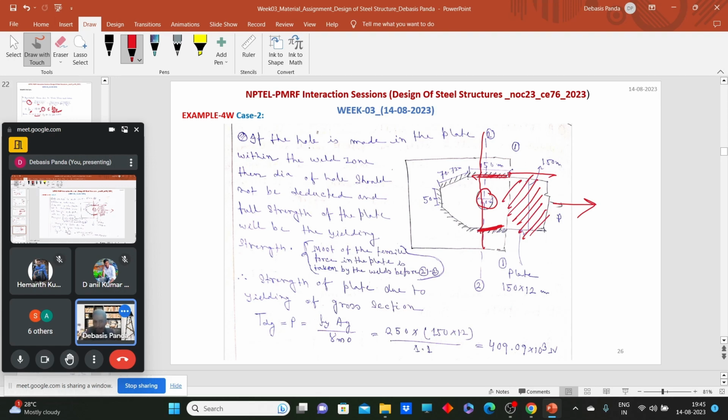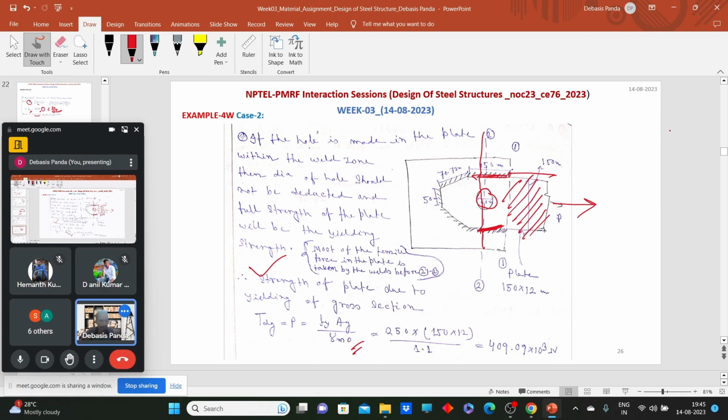So when this hole is made within the weld area, this kind of failure will be governed by yielding. So the strength of the plate due to yielding we have to consider. So whatever pull that joint is subjected to, that is the full strength of the plate due to yielding. Clear? Just think about the failure criterion.